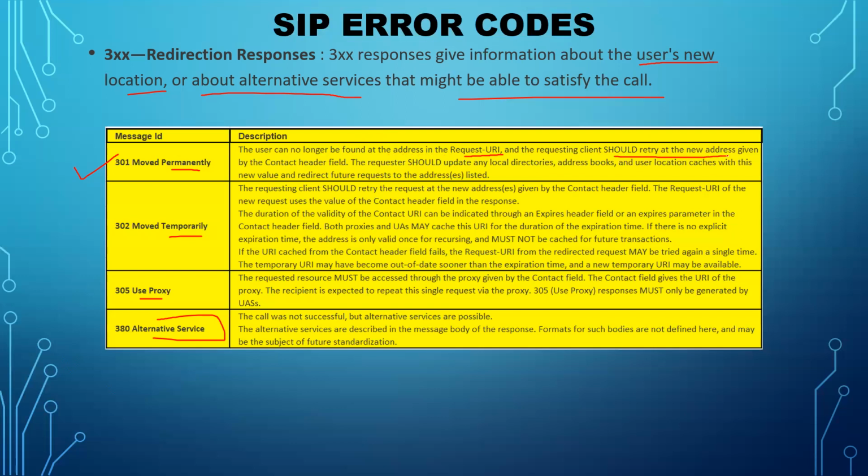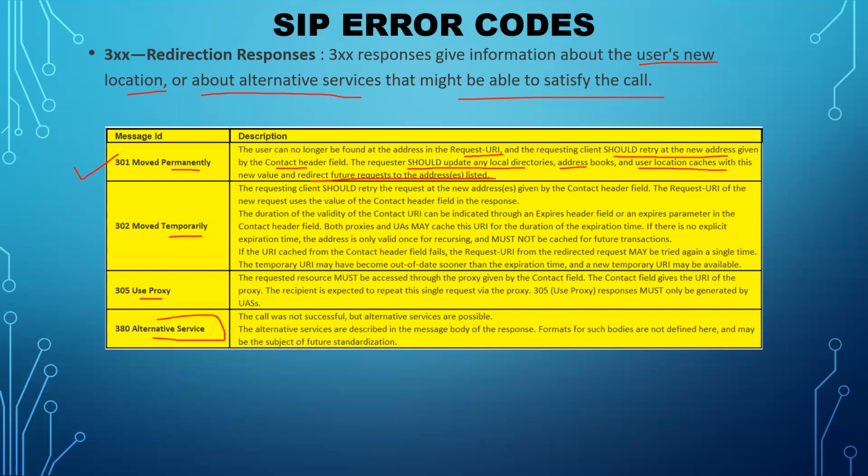It will send the new address as well, given by the contact header field. The contact header field will give you the new address for the redirection, right? And the requester should update any local directories, address book, and user location caches with the new value and redirect future requests to the address list.